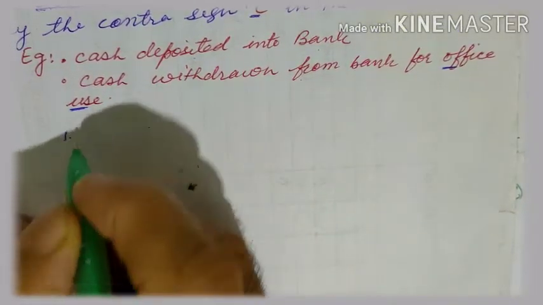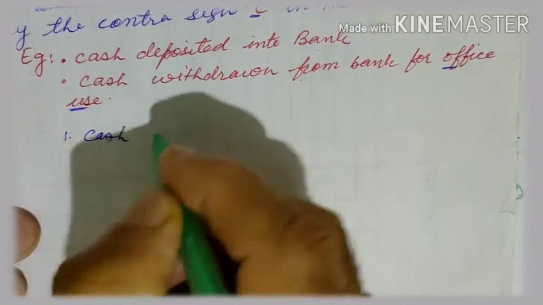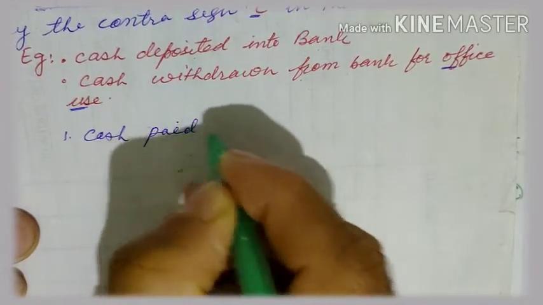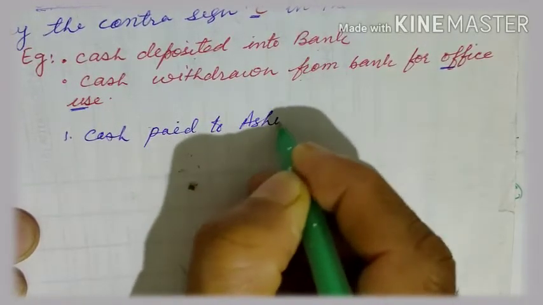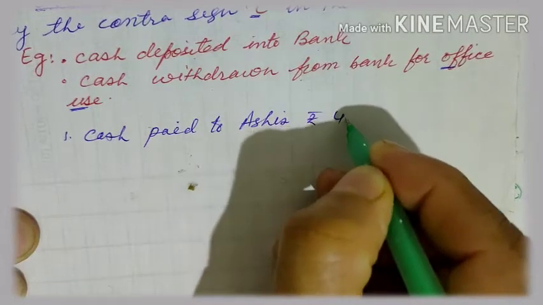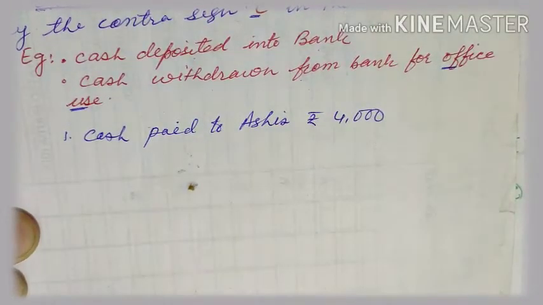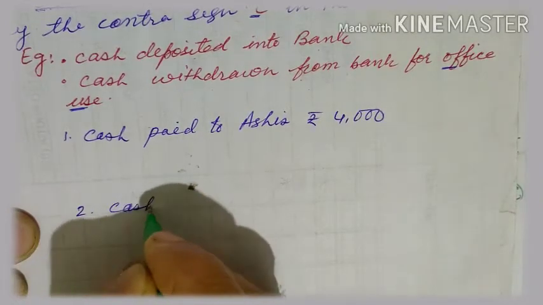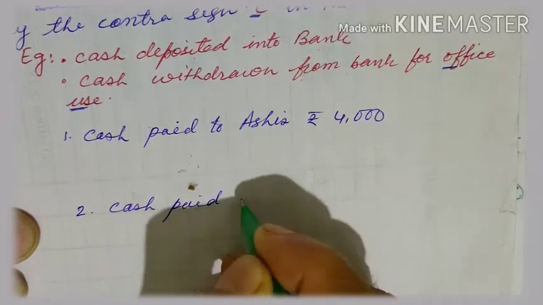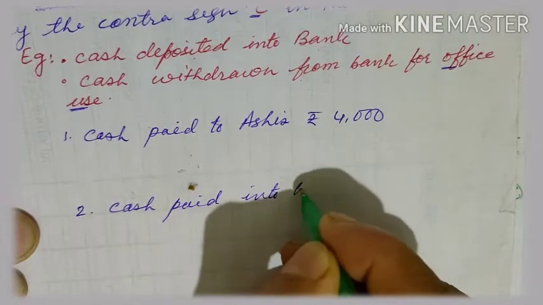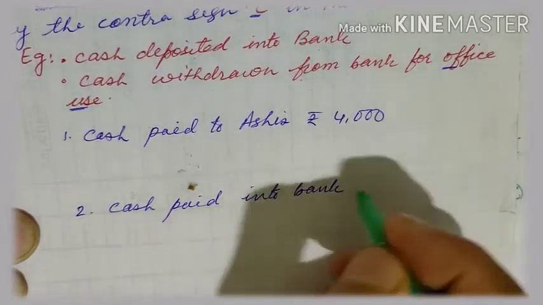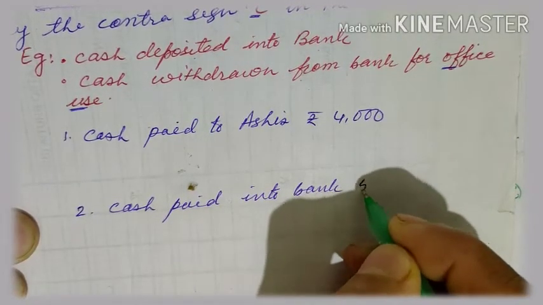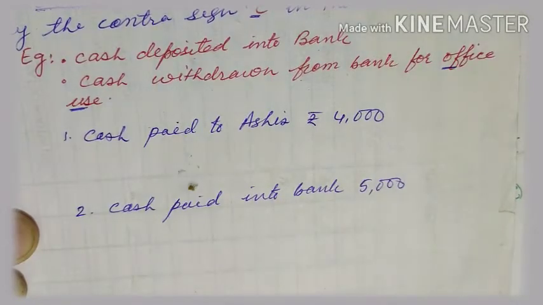Number 1, cash paid to Ashish rupees 4,000. And another transaction here, cash paid into bank. That means the money is put into the bank. Say it is 5,000.